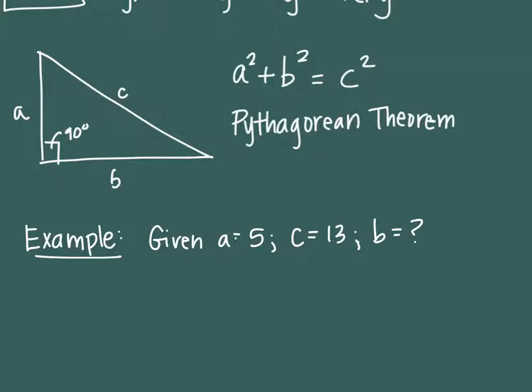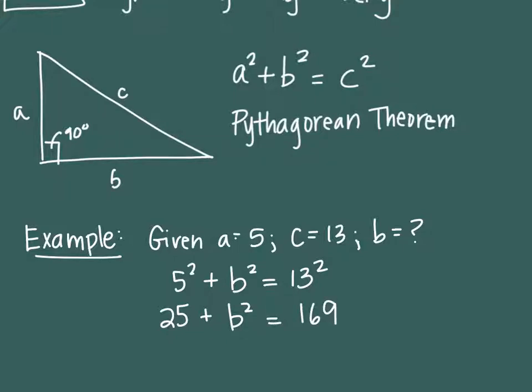Using the relationship, 5 squared plus B squared equals 13 squared. That's a simple formula to evaluate. So 25 plus B squared is 169. Then you subtract 25 from both sides, and you get 144.